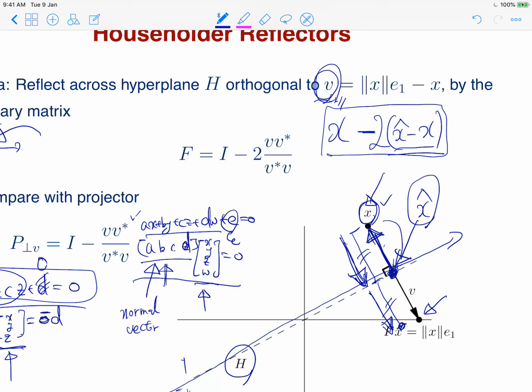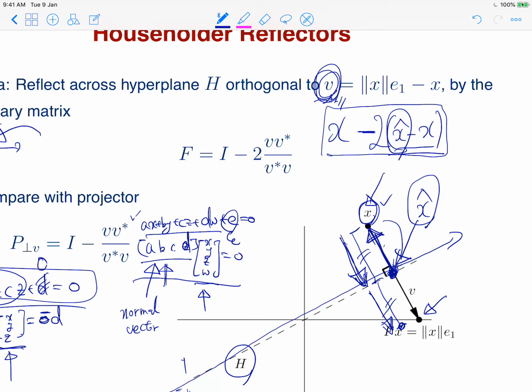Okay, so how can we obtain this x hat, or the projection onto this hyperplane? This hyperplane has the normal vector of this given vector v, right?